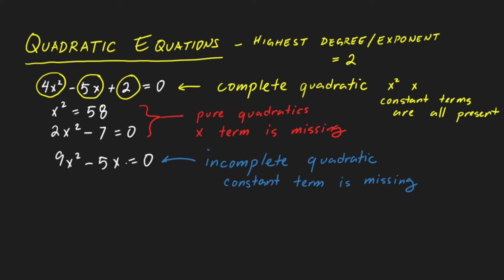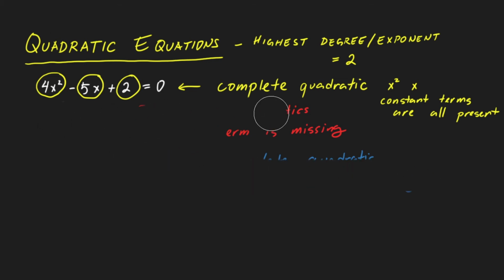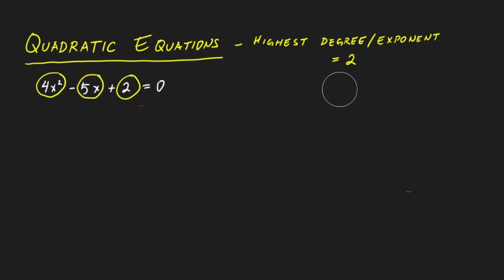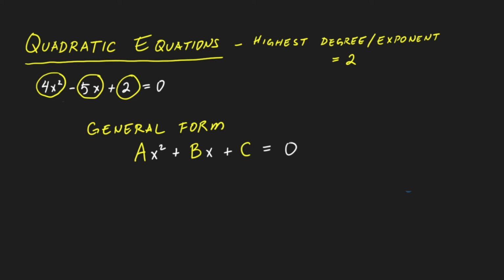Okay, so next we're going to find out what the general form of a quadratic is. A general form is always going to be in this form. As you can see, I highlighted the constants. They are in yellow. These are constants.